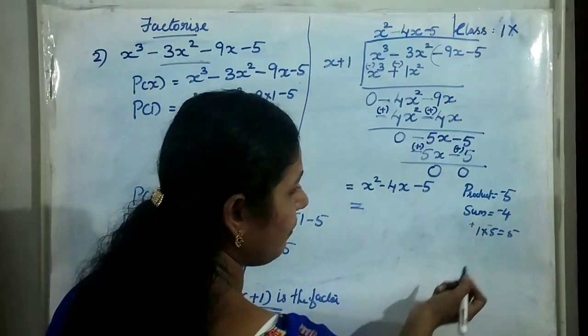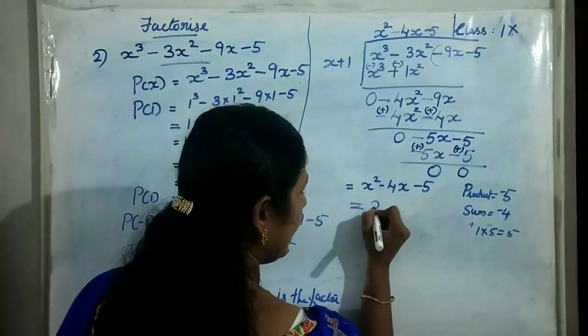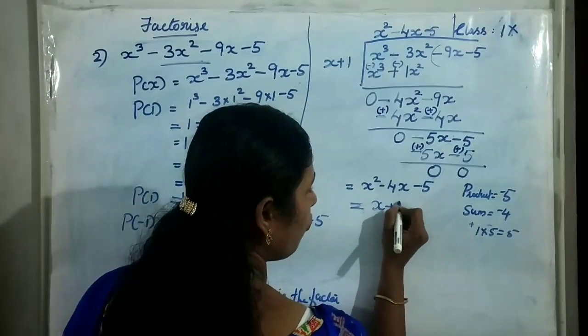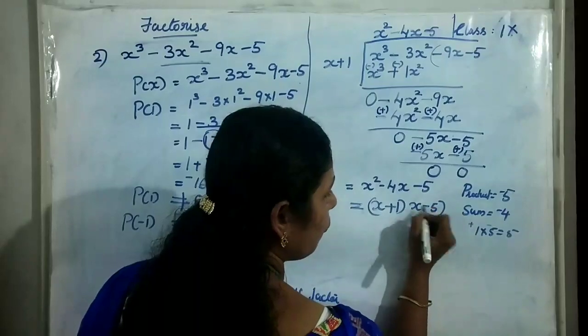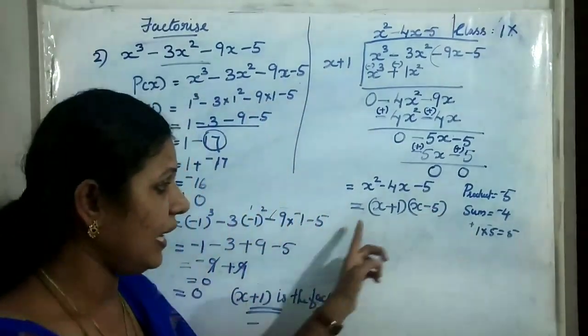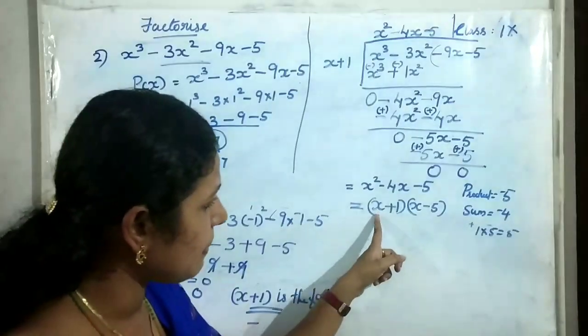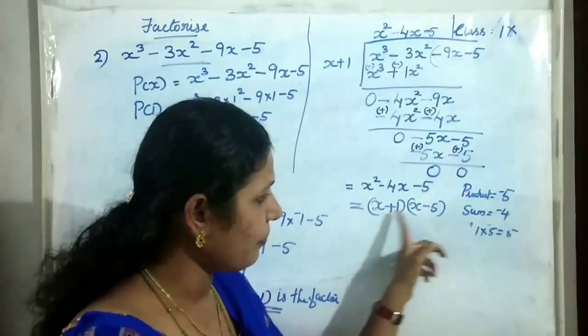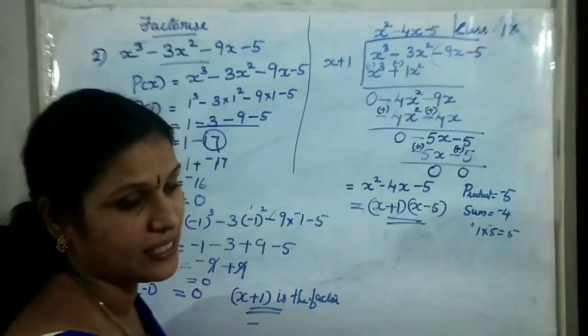Our numbers are 1 and minus 5, so x plus 1 and x minus 5 are the two other factors.